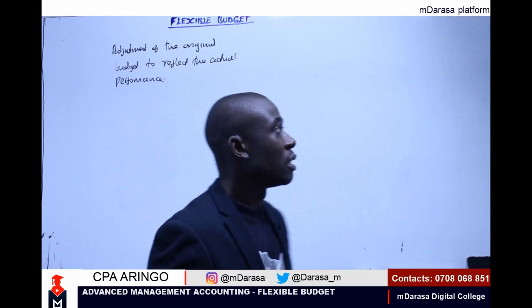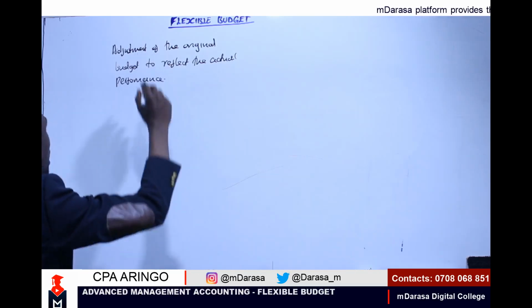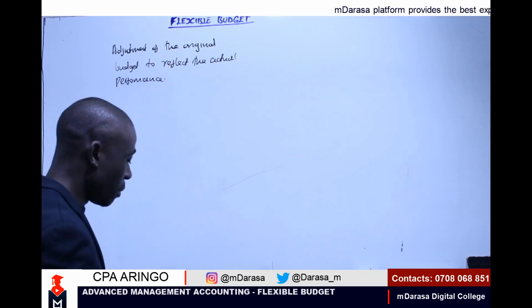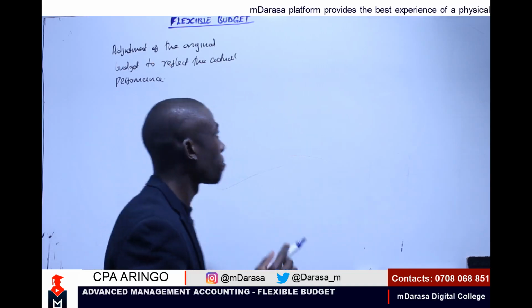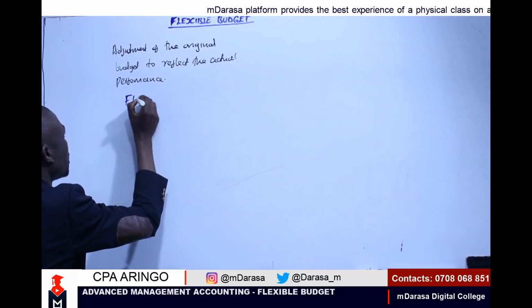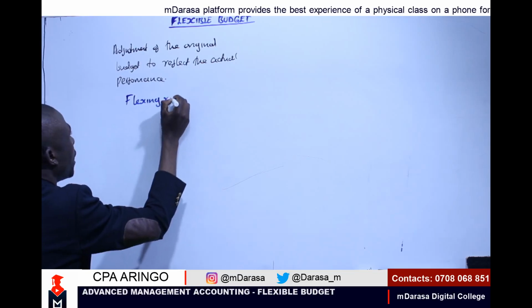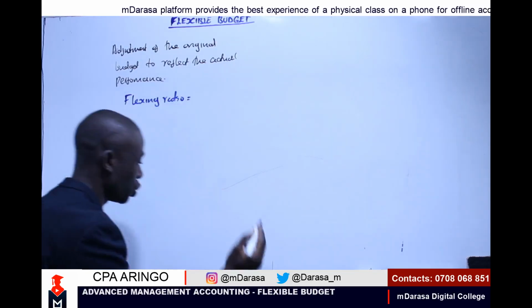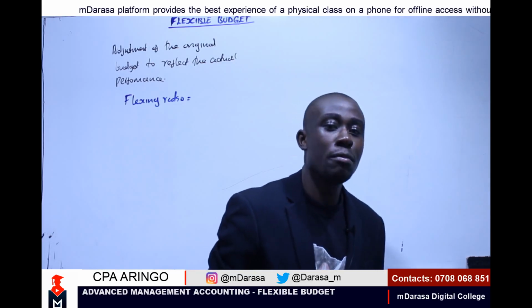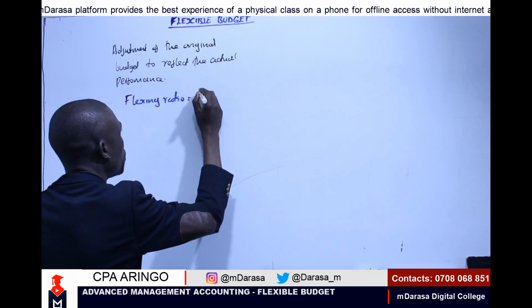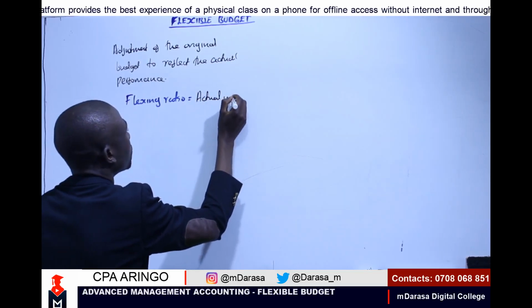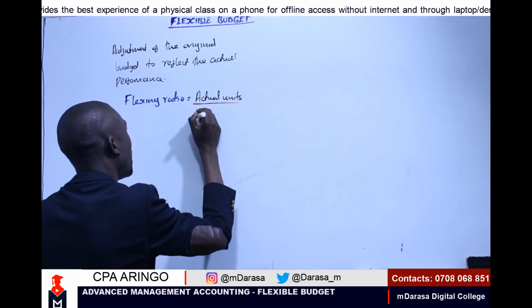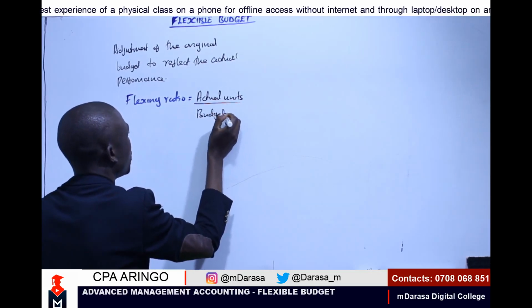Then again, if we go back and see what we did, we say that for us to adjust our original budget, I must prepare what is known as the flexing ratio. In preparing our flexing ratio, we take our actual units divided by the budgeted units.